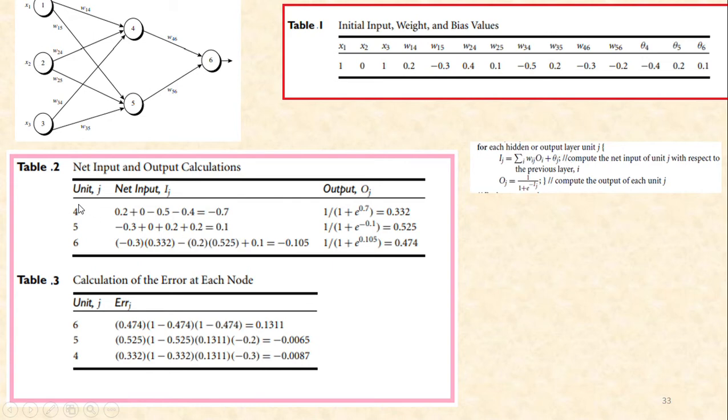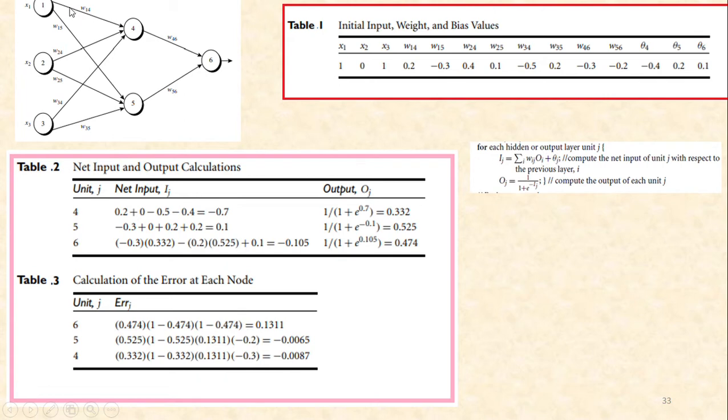Here for neuron 4, we are calculating the net input and output. First we have to calculate the net input. After calculating the net input, using that we will calculate the corresponding output. For the net input in neuron 4, the equation is summation of Wij into Oi plus theta j.